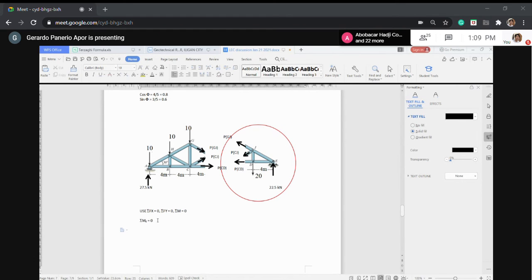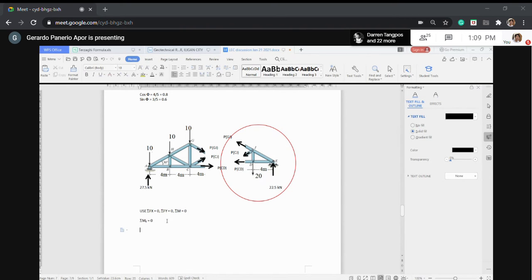I like this. Why? If this will be my moment center, at least two forces, like this PGG and CD, converge at point A. They do not have a moment arm, so their moments are 0. While CG does not pass through point A, so it has moment. And also 20. You can only have two forces actually.